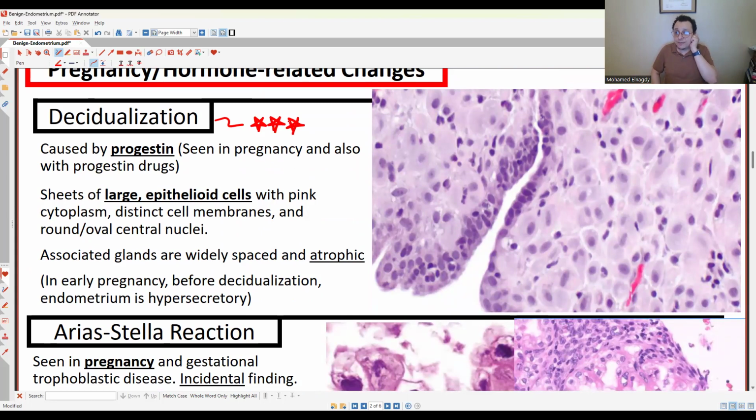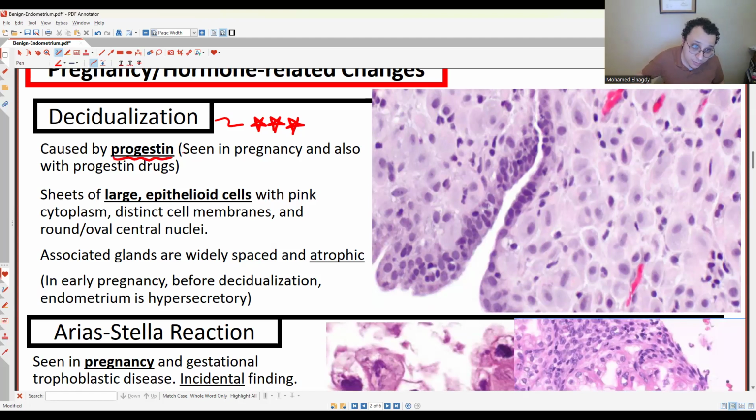Because a lot of females who have endometrial biopsies are usually either on oral contraceptives or, let's say, have a medicated IUD in place. You have an intrauterine device which produces progesterone, or you're taking oral contraceptive pills, which are progestin only pills.